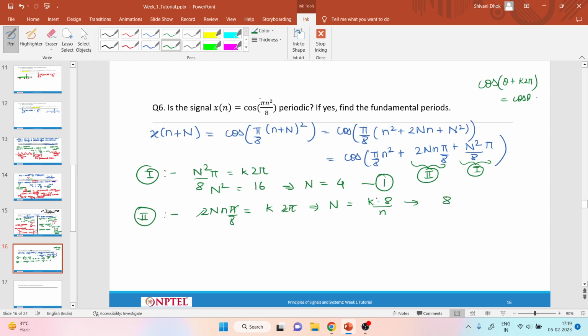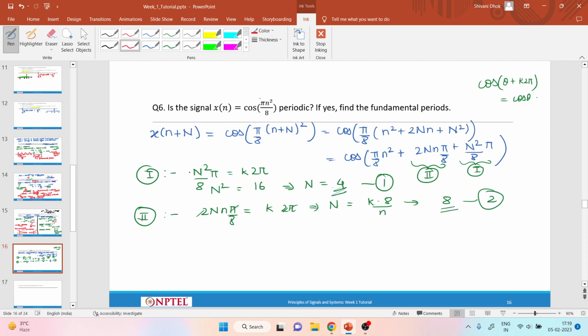Sorry, with respect to n we need to look at the maximum, that is, it should hold for all values of n. And with k, we need to look at the smallest because we need to look at the fundamental period. So this is the smallest value that will satisfy it.